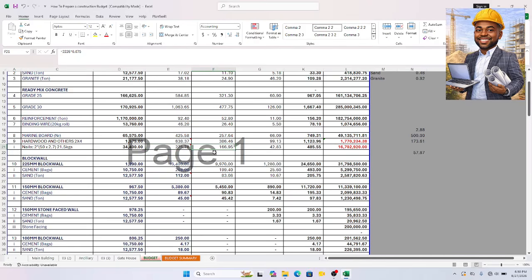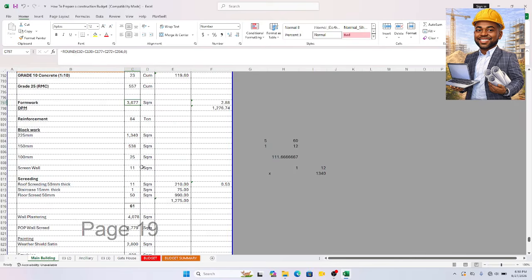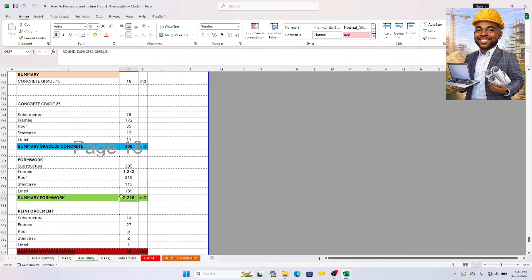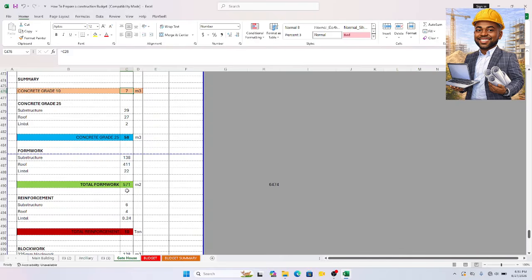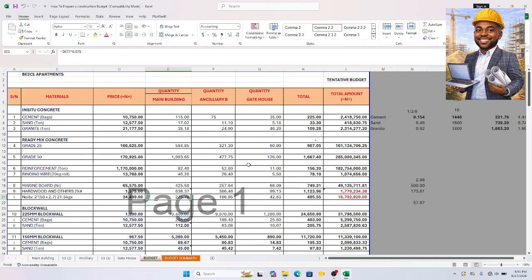The same total square meter multiplied by 0.075. This is 3677. That's total square meter of the formwork, 3677. The total square meter of the formwork for the ancillary building and then for the gatehouse.